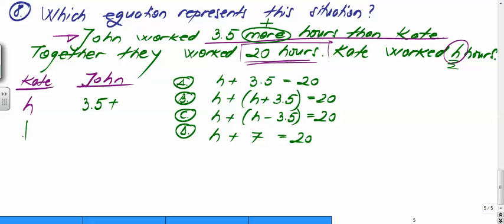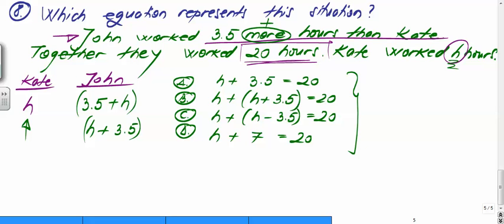Well, I know that Kate has worked h hours, so John's number of hours will be 3.5 plus h. Now, 3.5 plus h could be written as h plus 3.5 if you want.